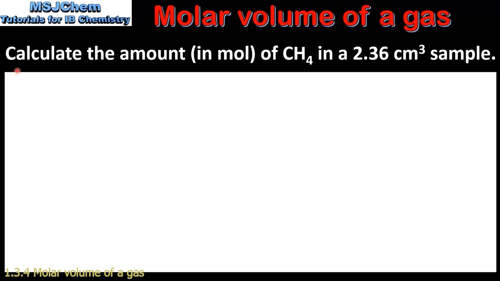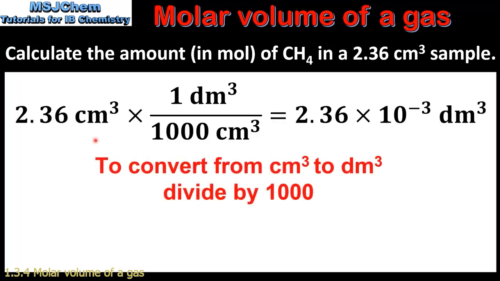In the next example, we'll calculate the amount in moles of CH4, which is methane, in a 2.36 centimeter cubed sample at STP. The first step in this calculation is to convert the volume from centimeters cubed to decimeters cubed. So 2.36 centimeters cubed is equal to 2.36 times 10 to the negative 3 decimeters cubed.